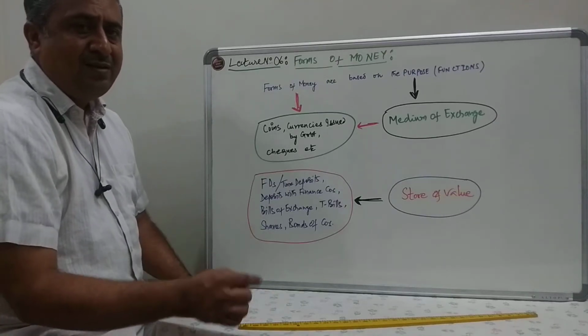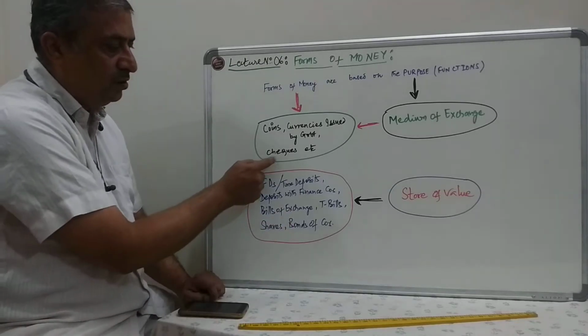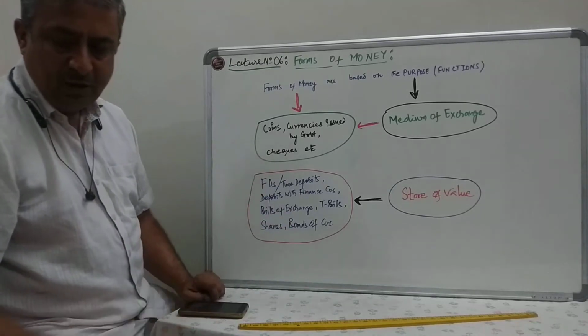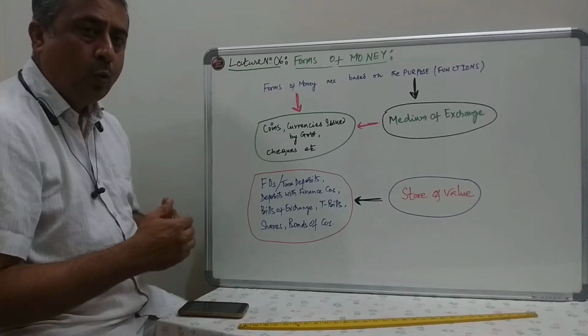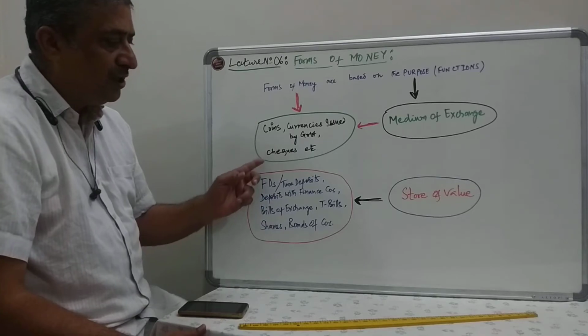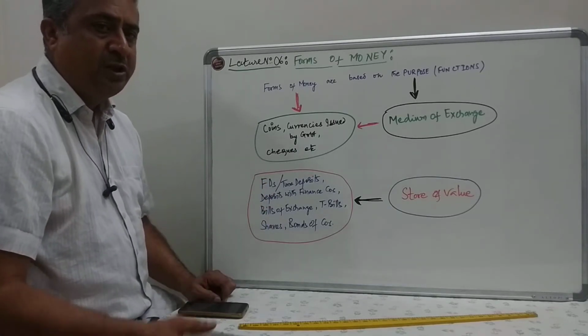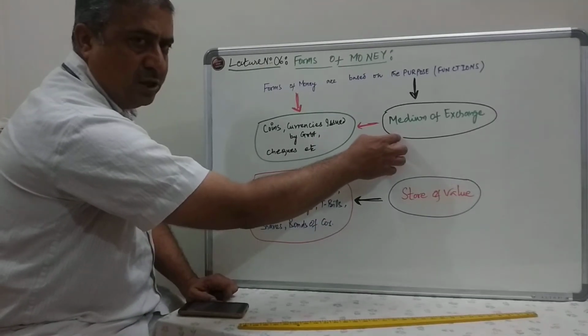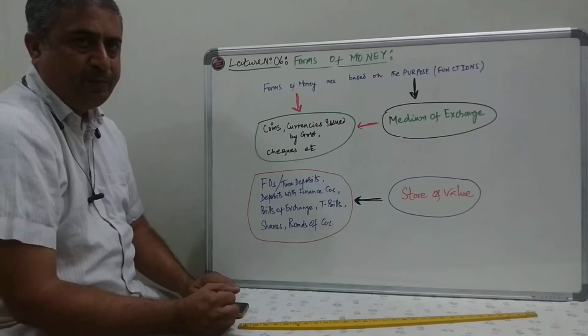It is as good as near money. If you remember, I had told you what is near money. Near money is quasi money. So checks are a form of quasi money which are used as a medium of exchange, and hence it's a form of money based on medium of exchange.